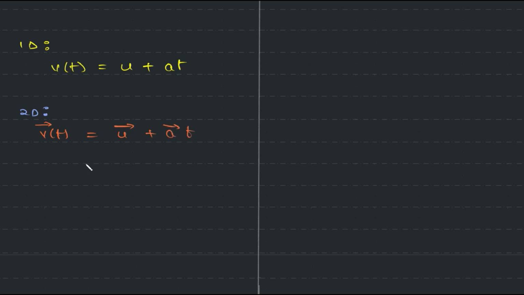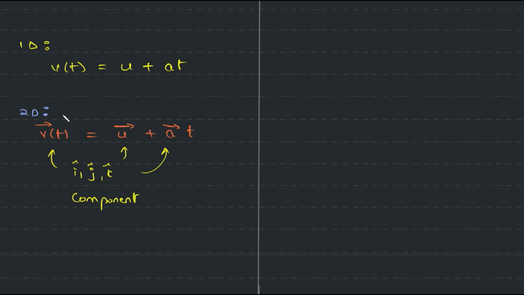This shows that they are in vector form, that is, you have i, j, and k components with all of them. See the difference? Here there's no arrow, there is an arrow over here.